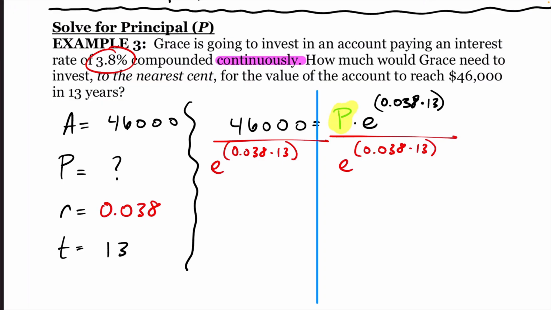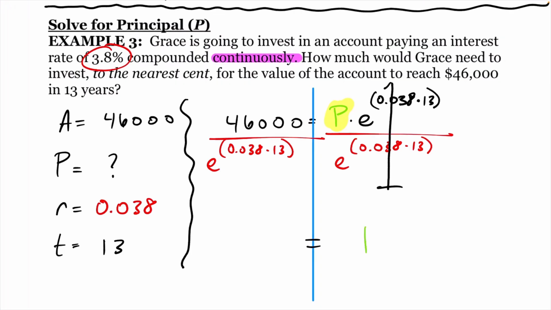E to the whatever power divided by E to the whatever power is what? What is that going to equal? Cancel each other out, makes a 1, right? Anything divided by itself is just 1. Don't believe it? Ask your calculator. It'll tell you it's 1. So that leaves 1P.